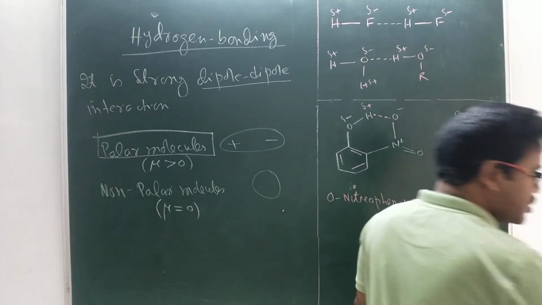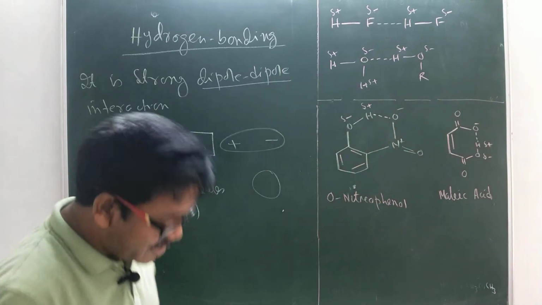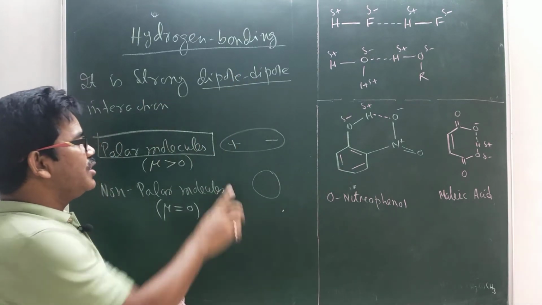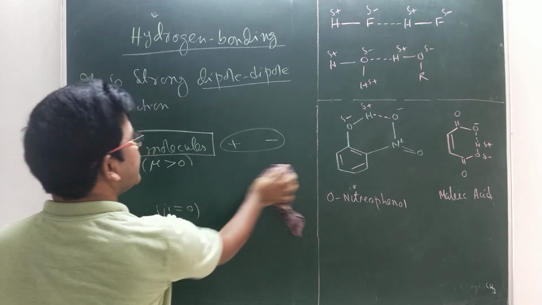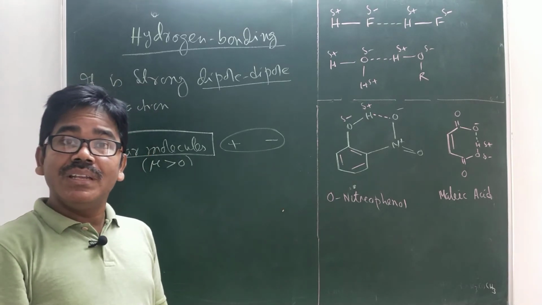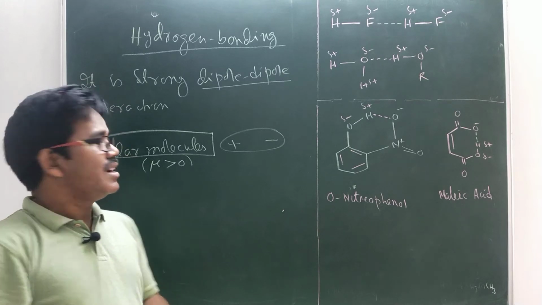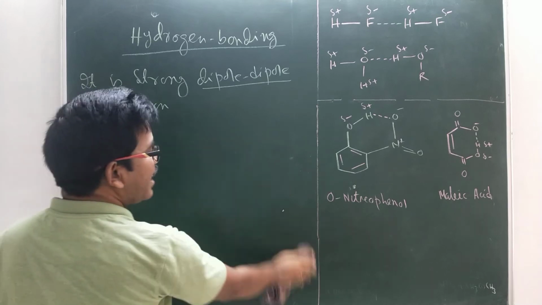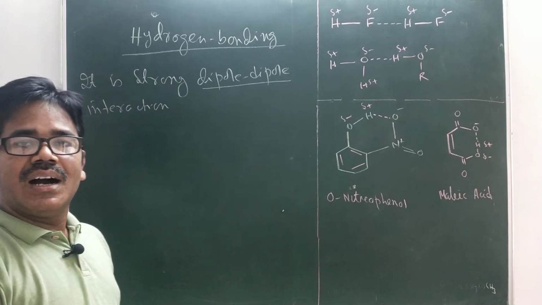All polar molecules? No. There are certain conditions. Strong dipole interaction. We know that polarity depends upon the difference of electronegativity. The higher the difference of electronegativity, the higher the polarity.